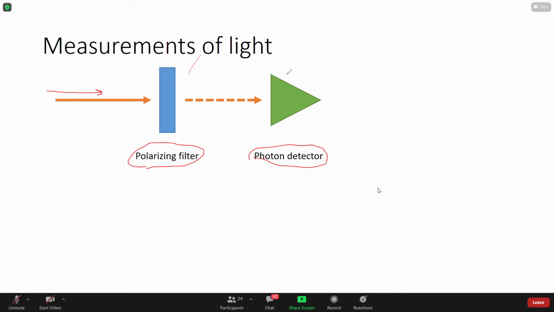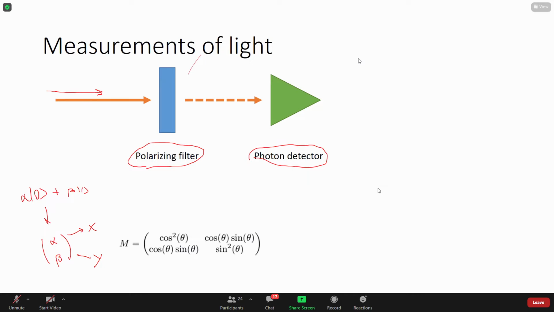So this is how you can build the measurement. So what do we actually measure here? Remember that we had our qubit state here, alpha 0 plus beta 1, which we wrote as this vector here, alpha beta, where this was x polarized and this was y polarized. So the way we can describe this whole thing is essentially through the measurement matrix that we can write like this.